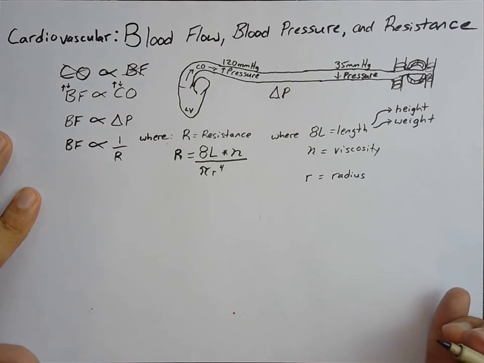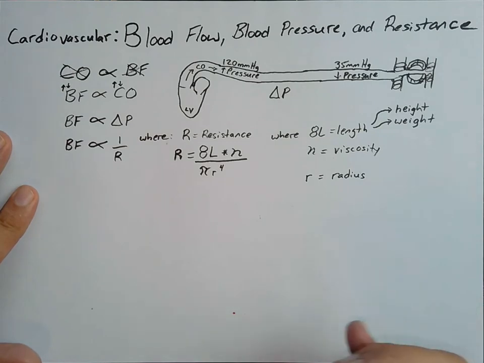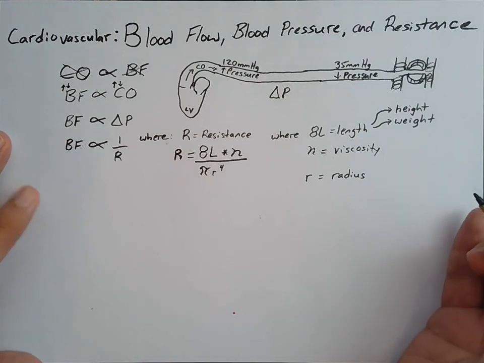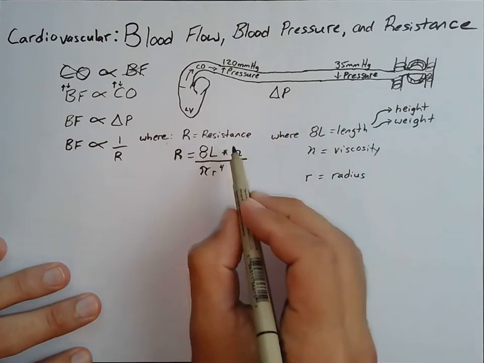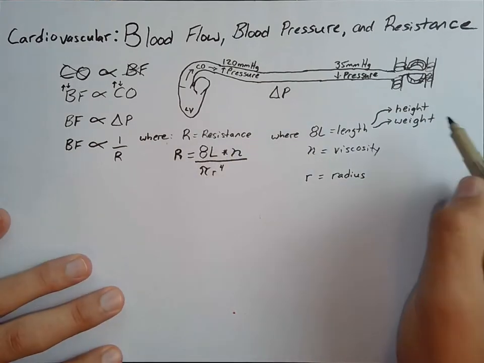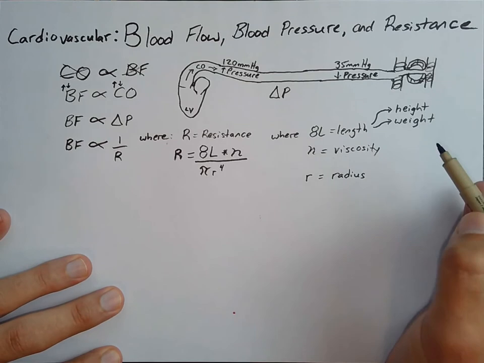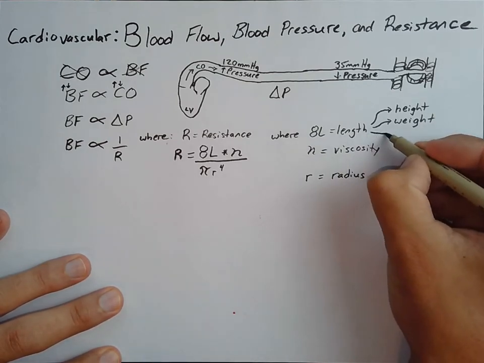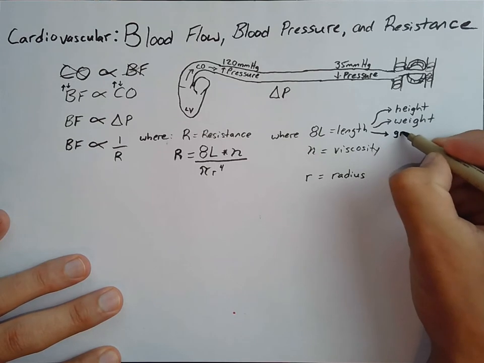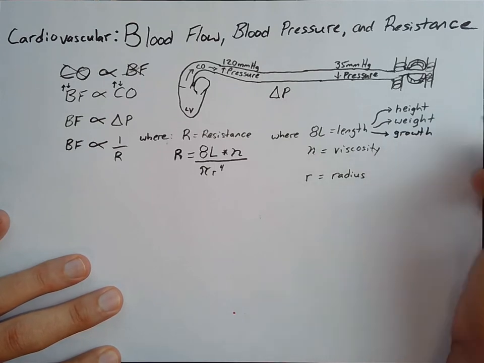So 2,000 isn't a huge addition to the 60,000, but it does end up making an impact on that resistance. So height and weight can affect the length, but in a normal, healthy person, not as much. And we'll also put in growth here just so you guys can think about that.